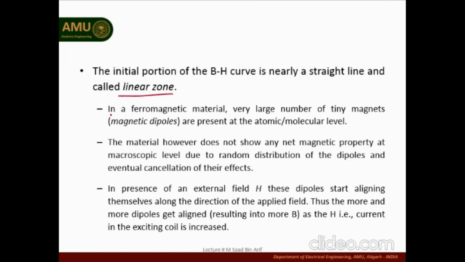To understand the reason behind this linear portion, we have to go to the atomic or molecular level, or dipole moment level. See, in a linear region, in a ferromagnetic material, we know that a very large number of tiny magnets, that is magnetic dipoles, are present.